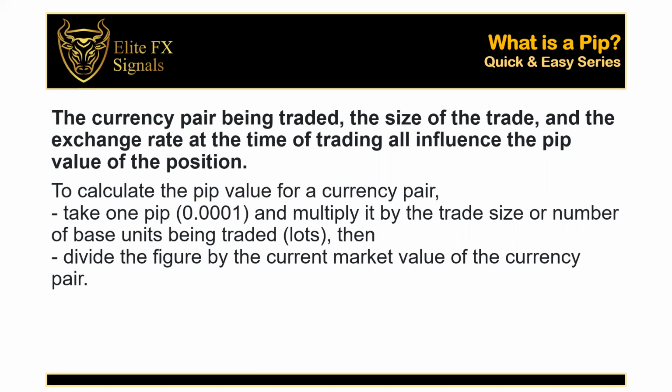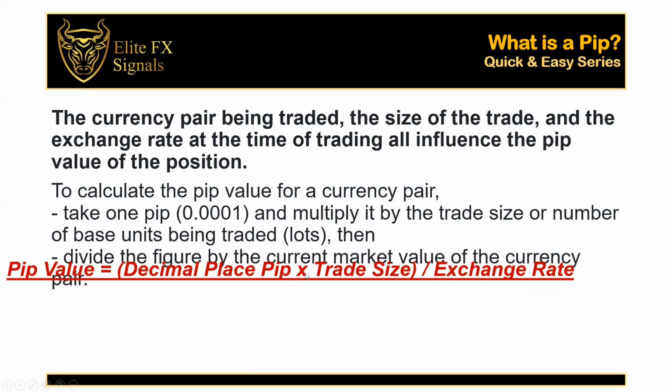So to calculate the pip value for a currency pair, what do we do? We take 1 pip, which is 0.0001, and multiply by the trade size, or more accurately, the number of base units that we are trading. Then we divide the figure by the current market value of the currency pair.